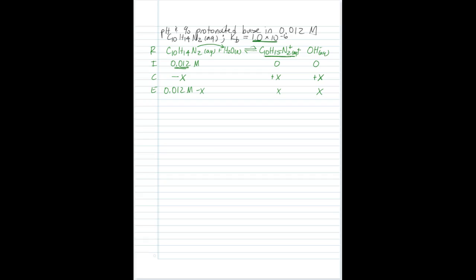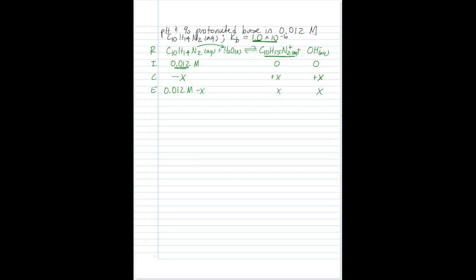The sig figs come in here and the coefficients. And so we just need that initial concentration divided by the K to be greater than 100, because that means that those two values are far enough apart from each other that whatever difference there will be in using our small x assumption will not show up in our significant figures.